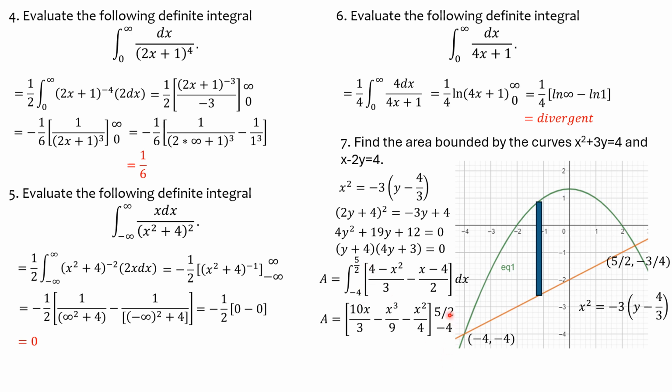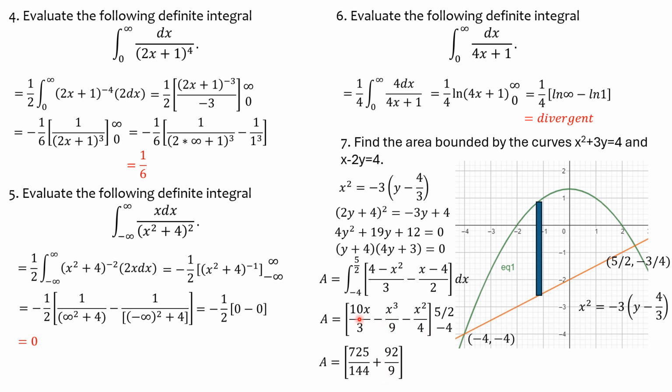We then substitute the upper limit: 10 times 5/2 over 3, minus (5/2) cubed over 9, minus (5/2) squared over 4. I just explained it here; you'll be the ones to verify if it's correct. The values I put here are correct. That would be equal to 725 over 144.